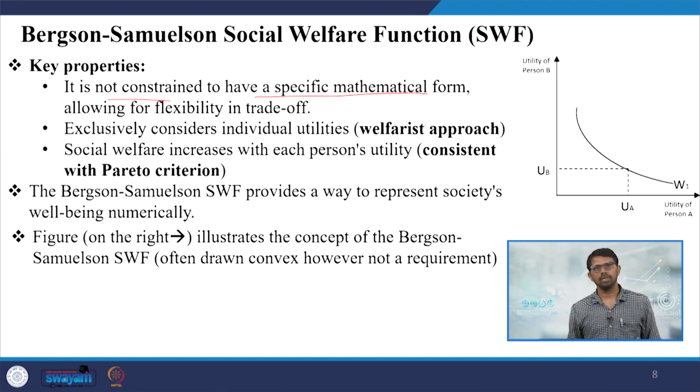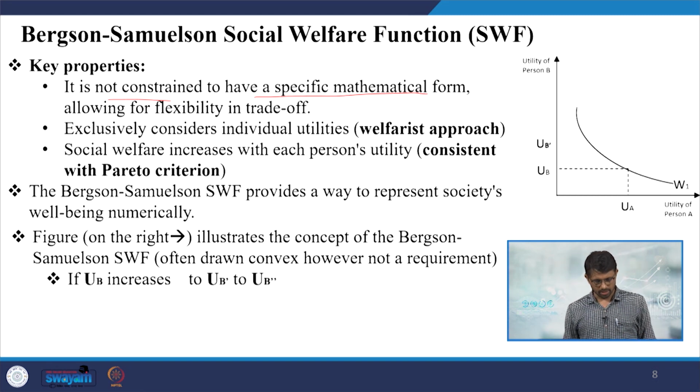In this figure, W represents the Bergson-Samuelson social welfare function, and it is often drawn as convex, though not necessarily always.